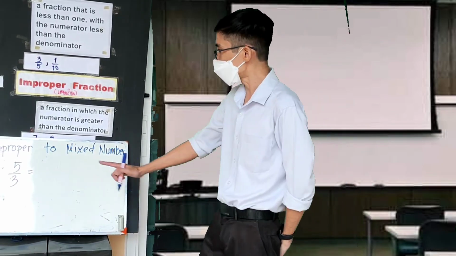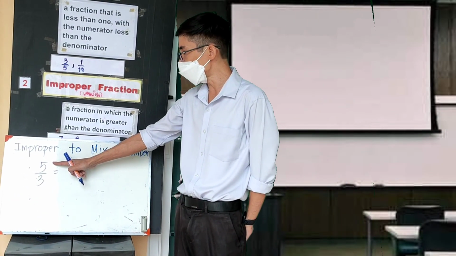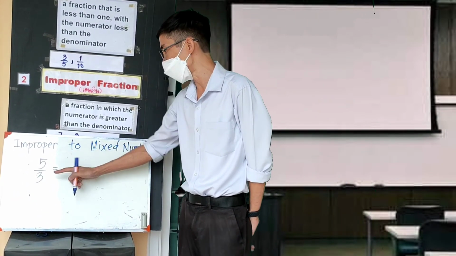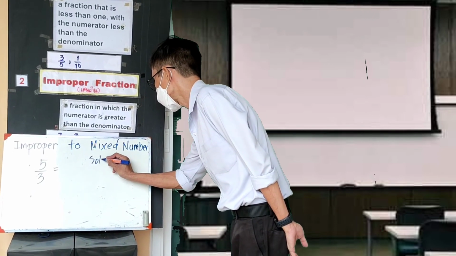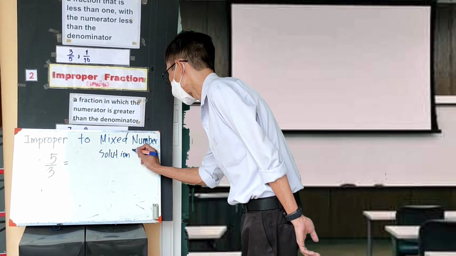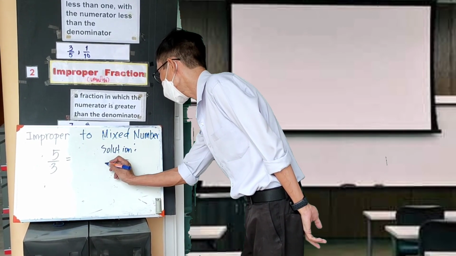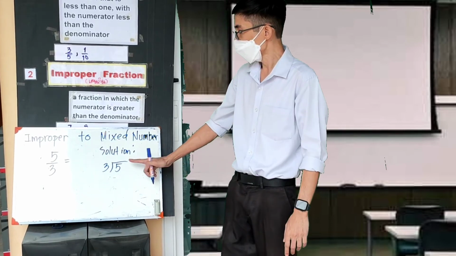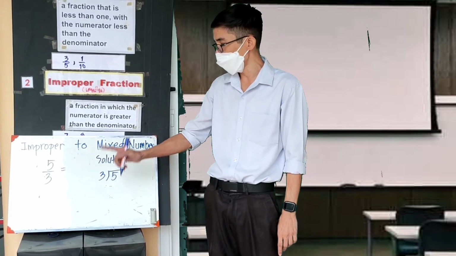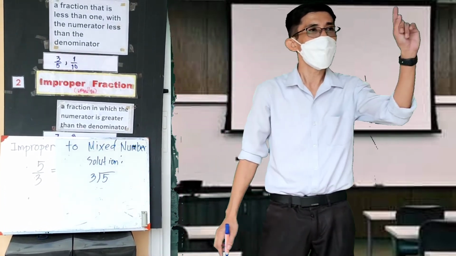First, we need to divide the numerator by the denominator. Okay, solution. So we have here 5 divided by 3. So what is the answer?